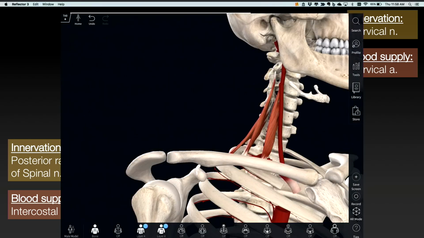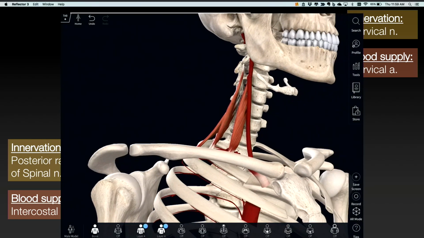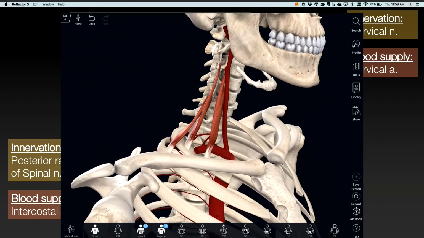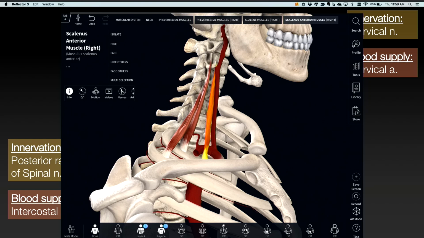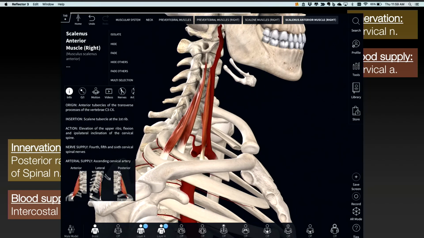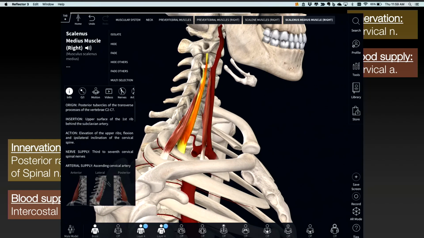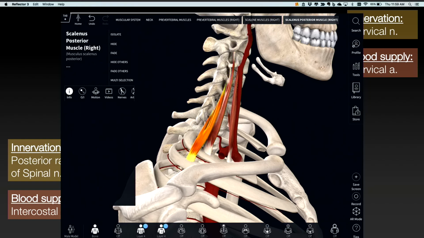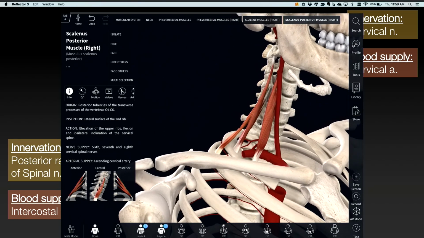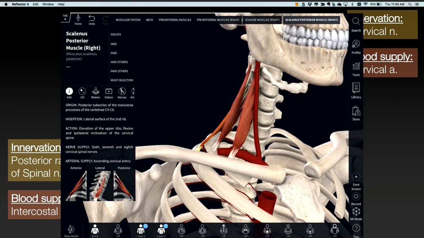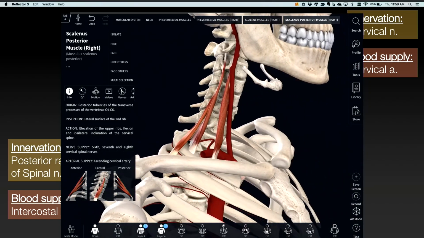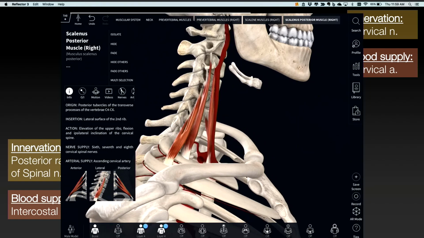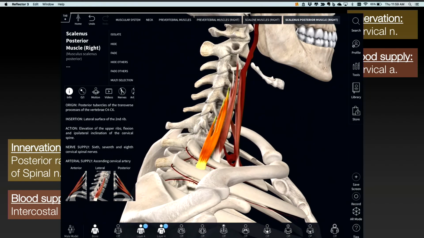But just to see them in space, in their respective orientations, all the scalene muscles are shown here: anterior, medial, and posterior. All of them innervated by cervical nerves, supplied by cervical arteries, and you can see they're set up here a bit more easily, I think, than in the diagram in the slides.